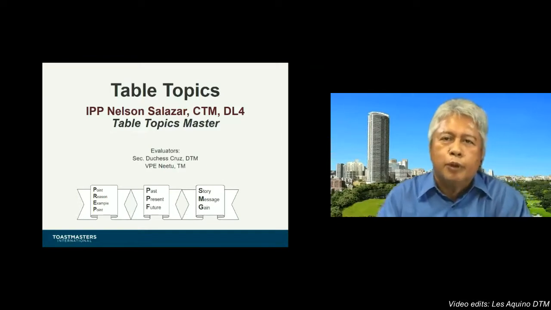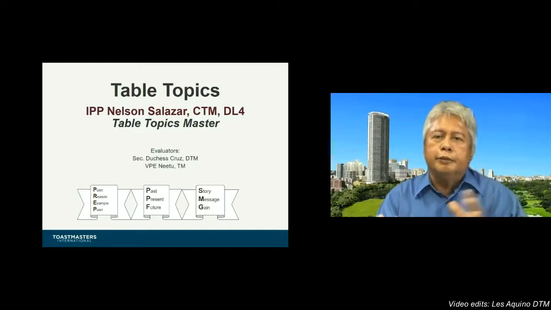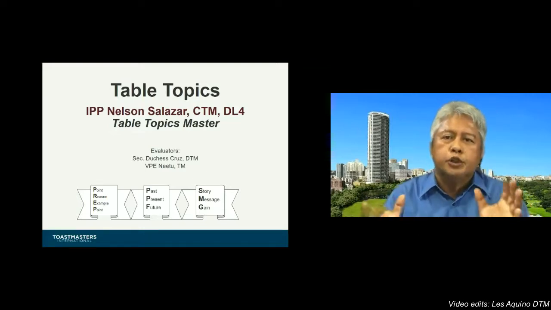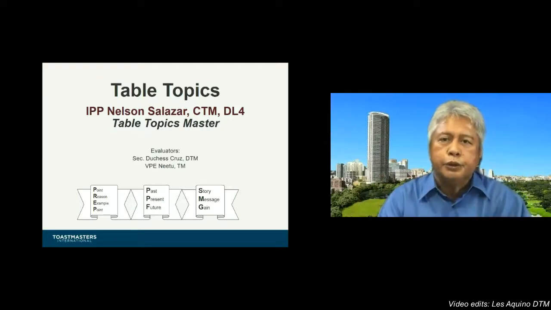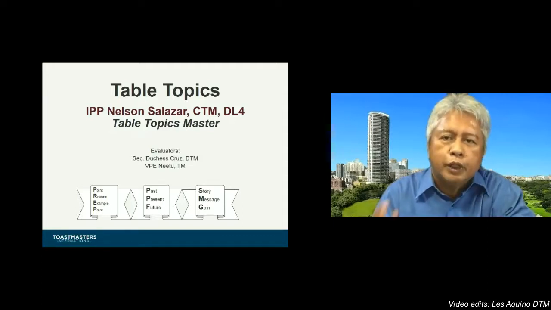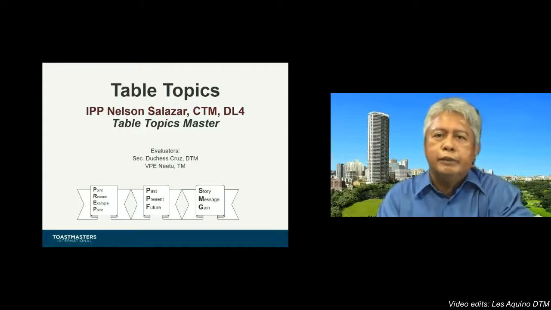One of the most common patterns in table topics is the PREP method, that's letter P, R, E, and P. It means you state your position. P is for position. R is you give a reason for that position, and you illustrate it by giving an example, and conclude by restating that position.